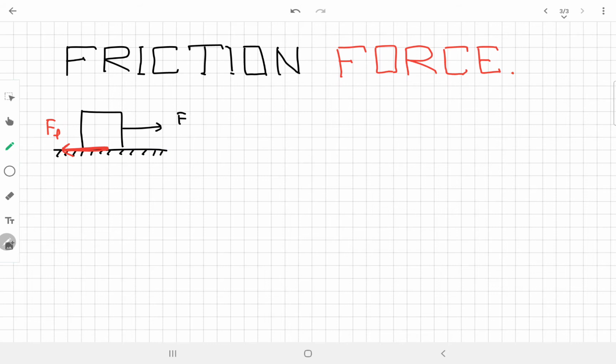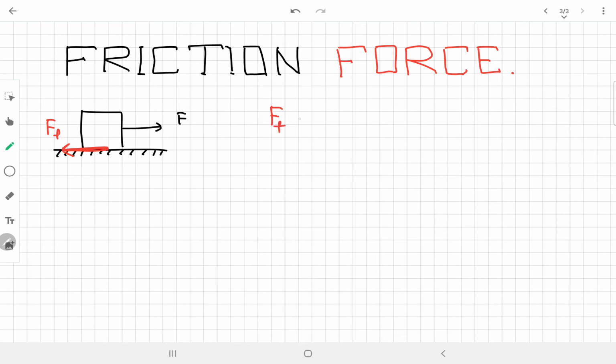The table can be made from wood or plastic, iron. The object might be made from different materials. So there are so many different factors. But in general, we can use this kind of equation.